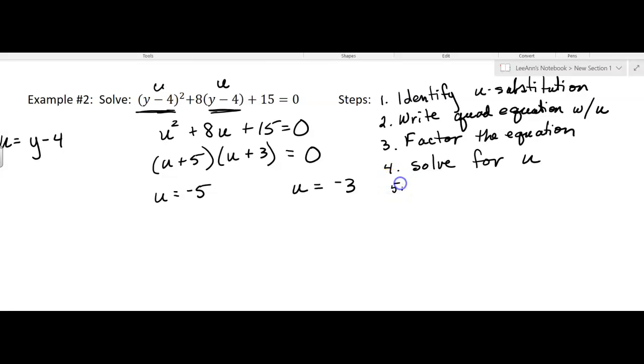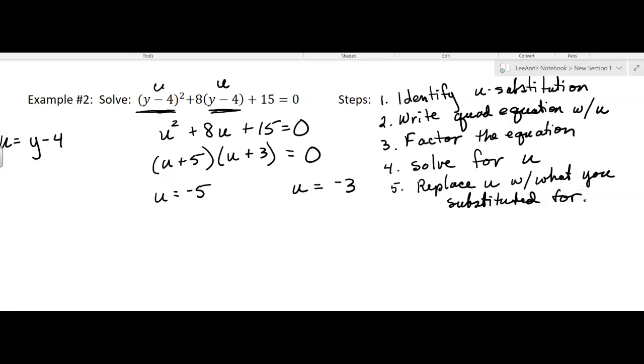Then replace U with whatever you substituted for.